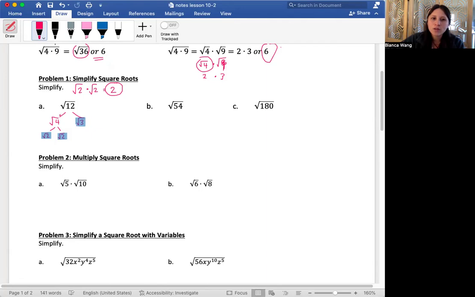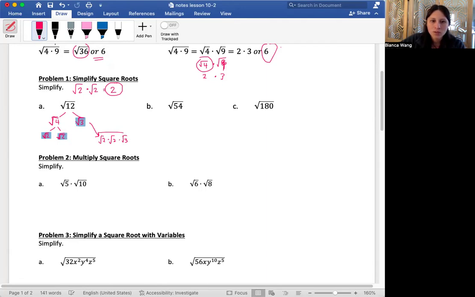Now, for the sake of convenience, I'm going to stop putting the radical sign around every single thing that I factor, because if I can understand in my head everything is a radical, you can just do the factor tree and factor it out. So basically, if I bring this down, what I have is square root of 2 times square root of 2 times square root of 3.